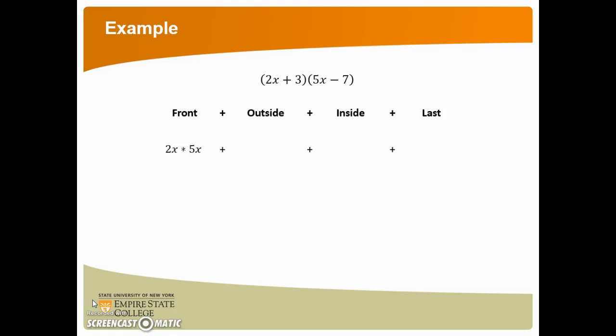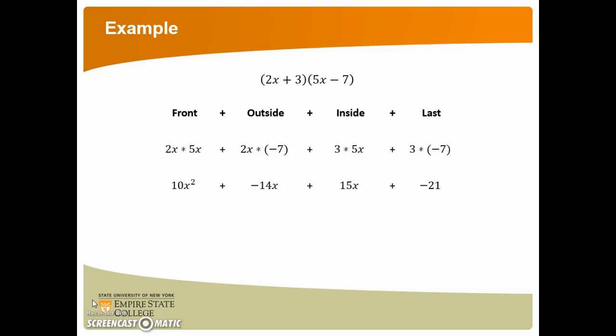For this problem, the front terms are the 2x and the 5x. The outside terms are the 2x and the negative 7. The inside terms are the 3 and the 5x. The last terms are the 3 and the negative 7.